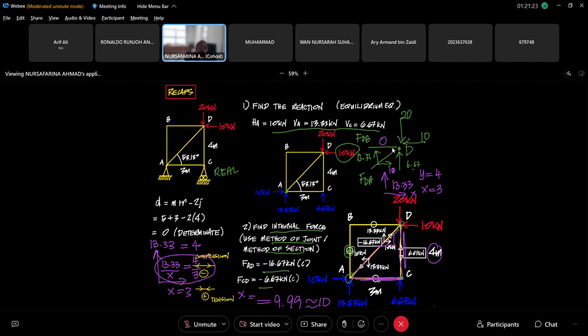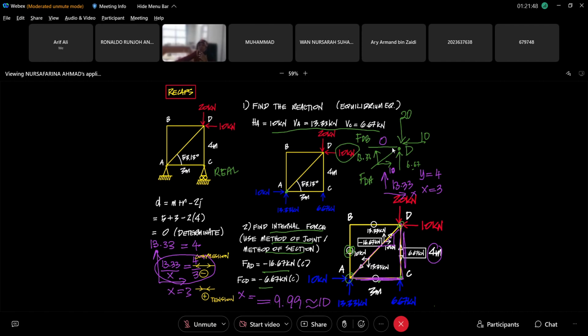Not the easiest, this is the method of joint also, but it is simple, rather than doing method of joint, summation force x equal to F_CD cos theta and so on, so on. But it's only for a few joints that you can use this way. Some you will definitely use the method of joint.